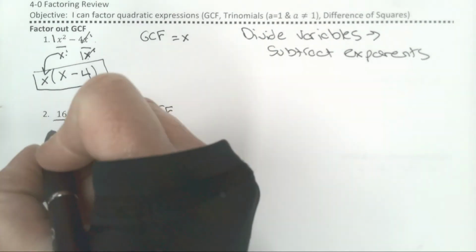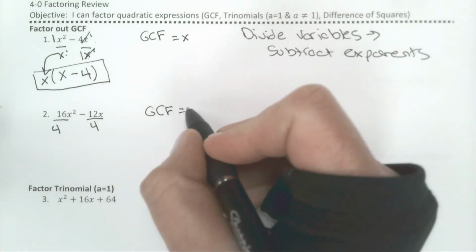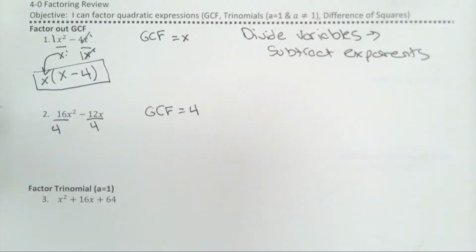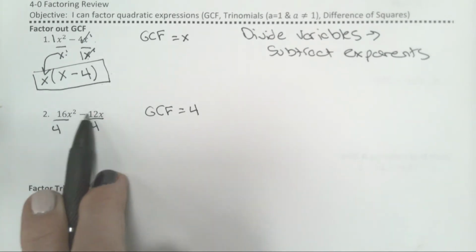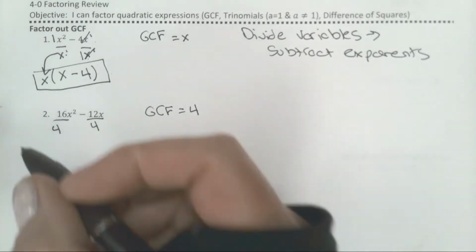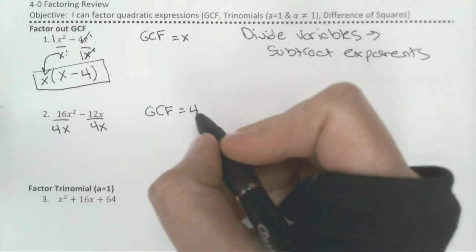And the biggest one will be a 4. So the 4 is the number part of your GCF. And then you look at your variables. And for the variable part, it's always the smallest exponent that I have.